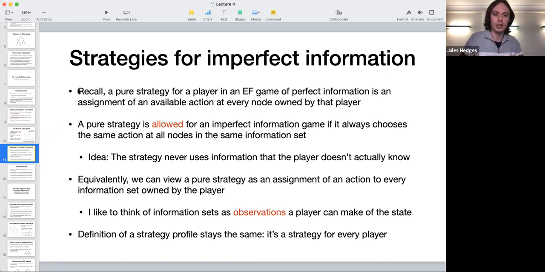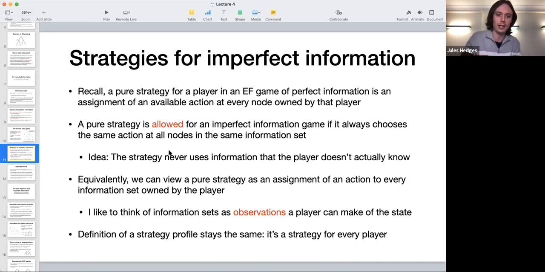So we're going to say that if we're given an extensive form game and given a strategy, which is to say a choice of action at every node, that strategy is allowed or valid if whenever you have an information set, the strategy does the same action at every node in the information set.